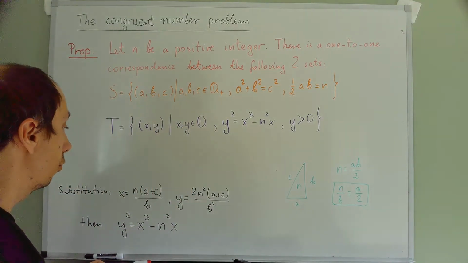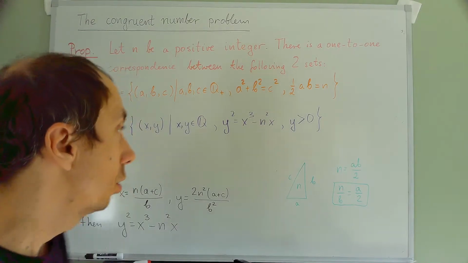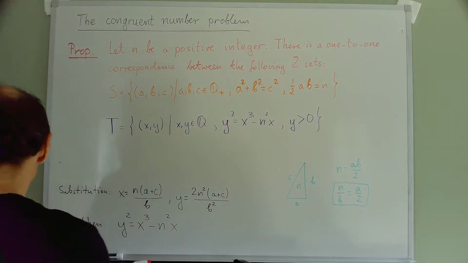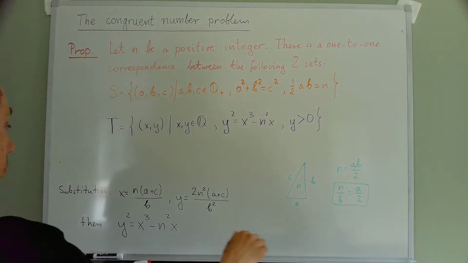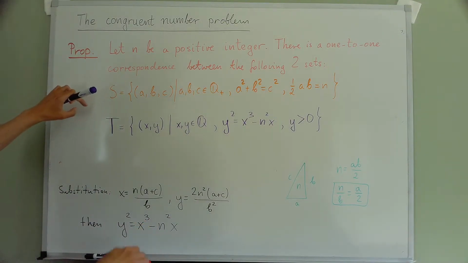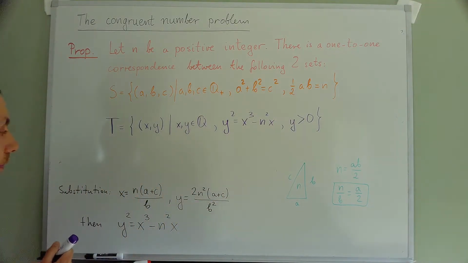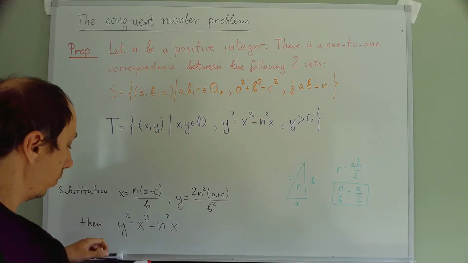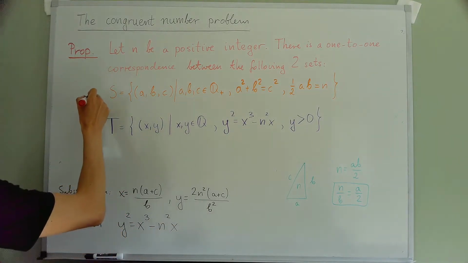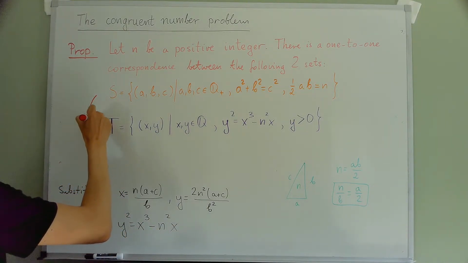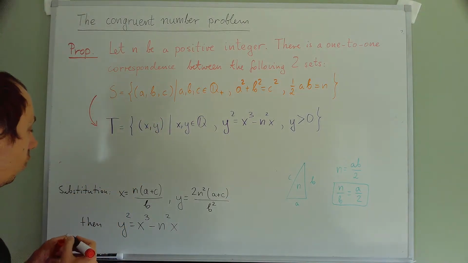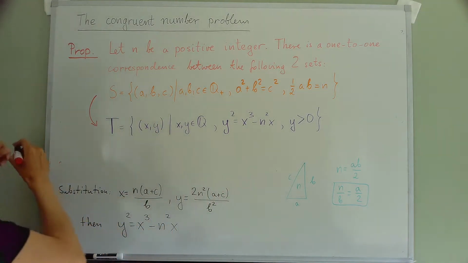Okay, so what have we actually proved? And there's actually, so let me give you the formula, right? How to go from one set to the other. We already have one way here. So to go from the set S to the set T, so given A, B, and C, how do I get x and y? Well, this is the formula here.